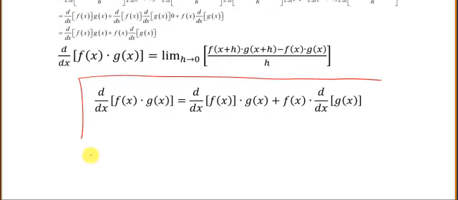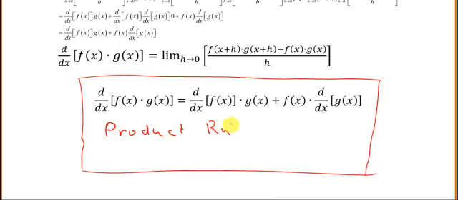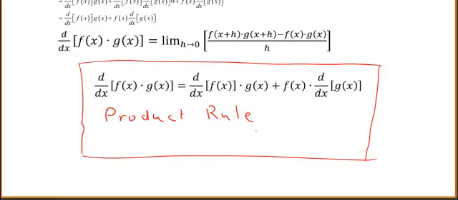Now, this is not exactly the way it's written in your text, but let me point out what this is like. We want to take the derivative of f times g. They're the product of two functions.